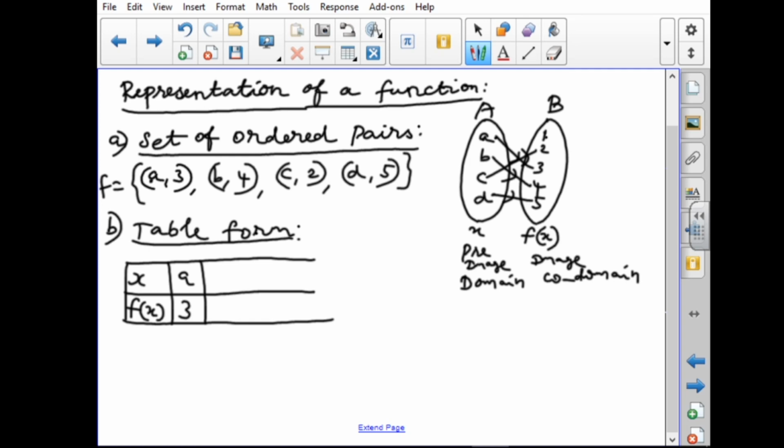Second, B comma 4 means B here, 4 here. Next C comma 2 means C here, 2 here. Next D comma 5 means D here, 5 here. This is called table form.